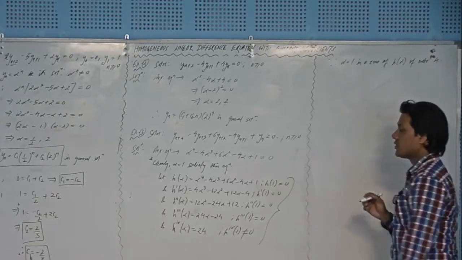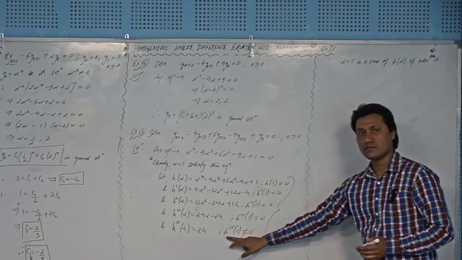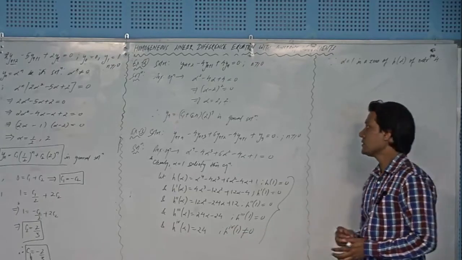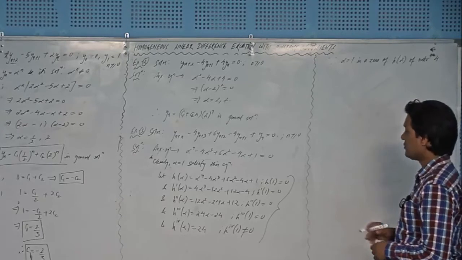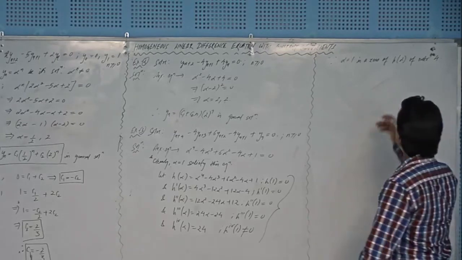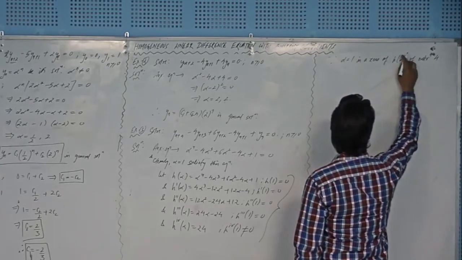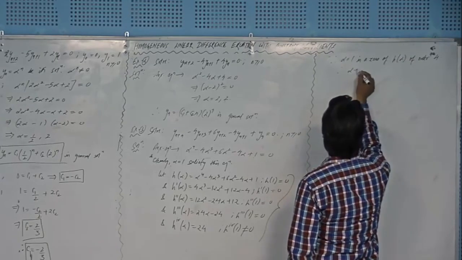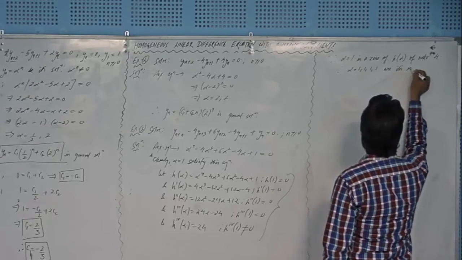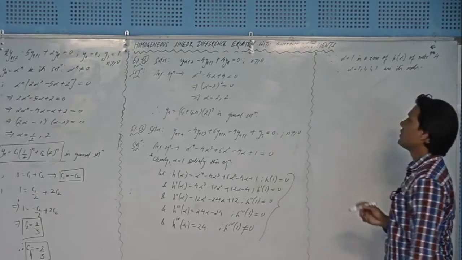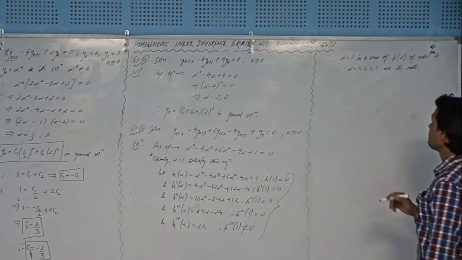Why order 4? Because the first non-vanishing derivative was of fourth order, right? If you have studied a bit of complex analysis, then you will understand, right? Order 4, okay. Therefore, alpha equal to 1, 1, 1, 1 are its roots. So you have only one root, 1, 1, 1, 1, right?